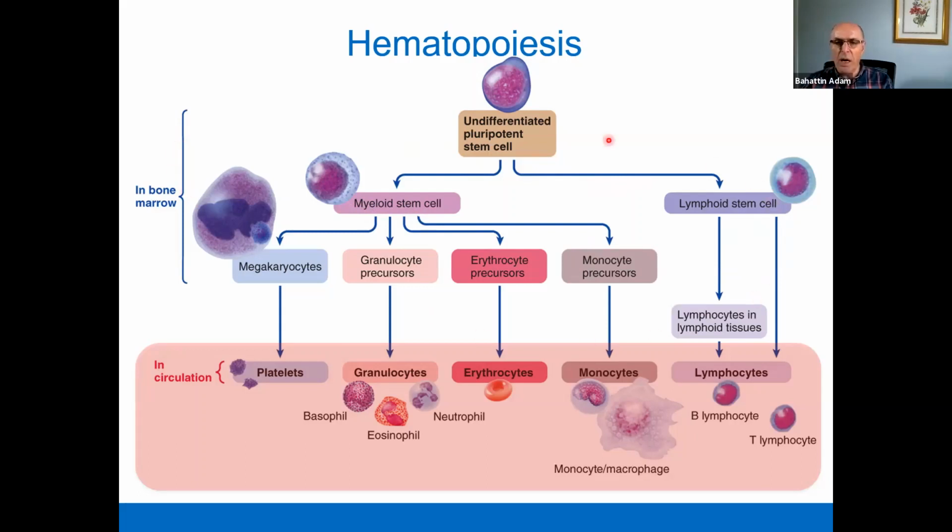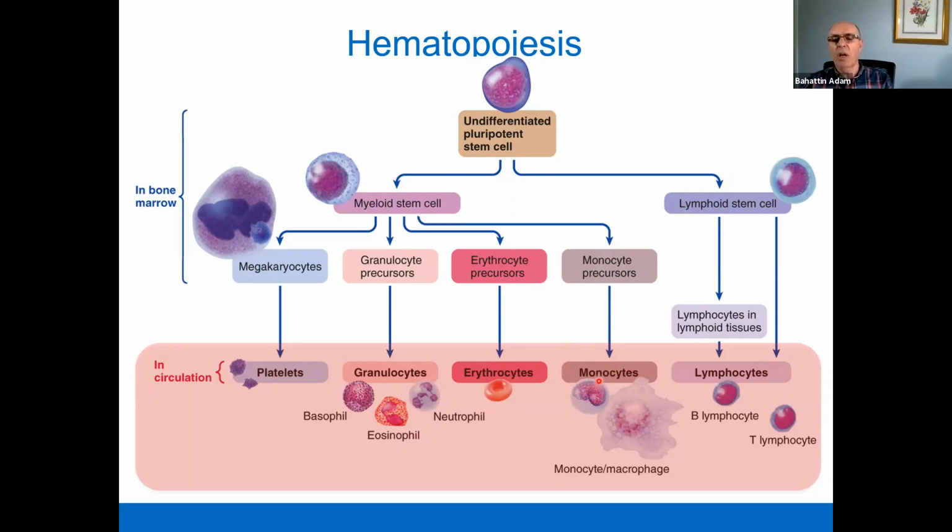These all are occurring in the bone marrow, and then the myeloid stem cells are going to differentiate into megakaryocytes to produce platelets, granulocytes such as basophil, eosinophil, and neutrophil, erythrocyte precursors, which result in production of the erythrocytes, and monocytes.